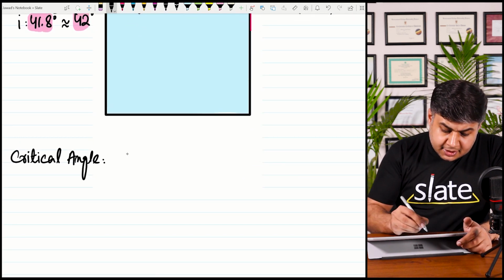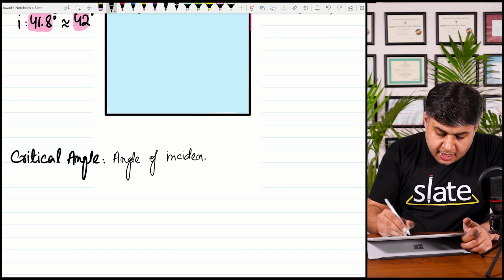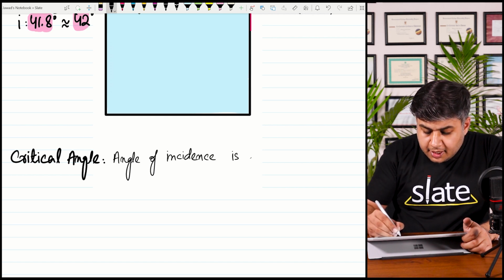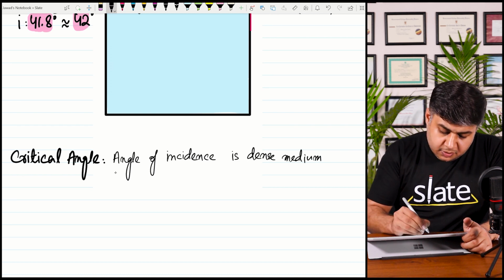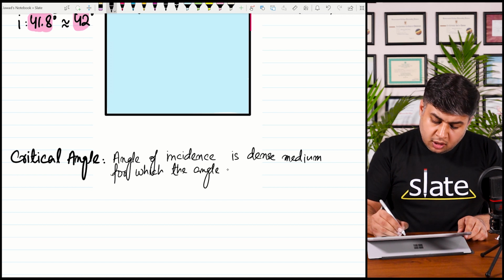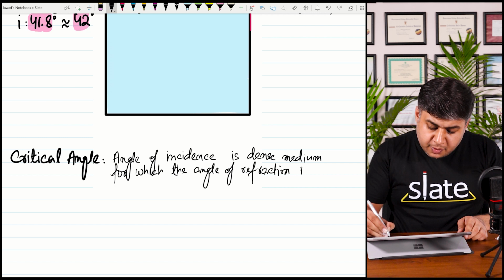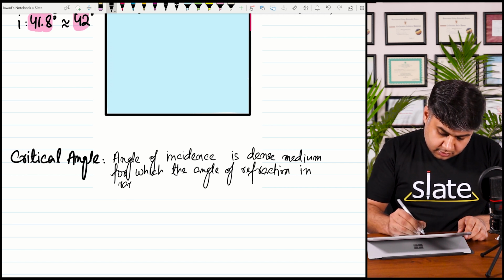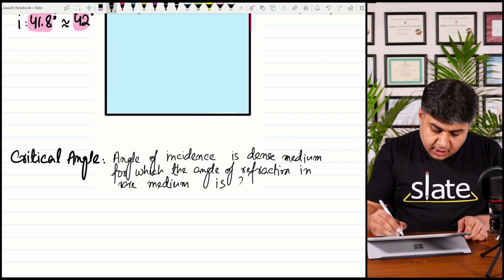So critical angle is the angle of incidence in the dense medium for which the angle of refraction in the rare medium is 90 degrees.